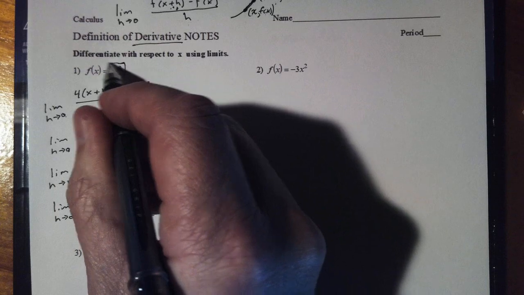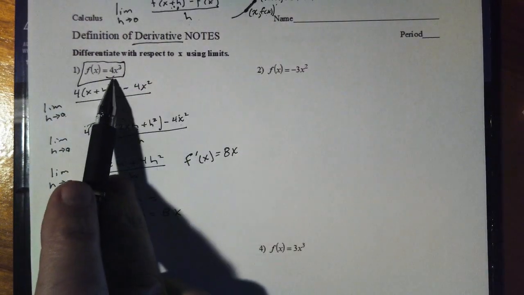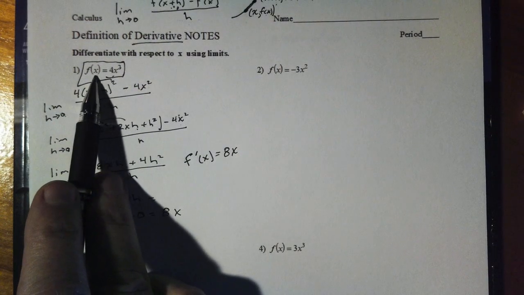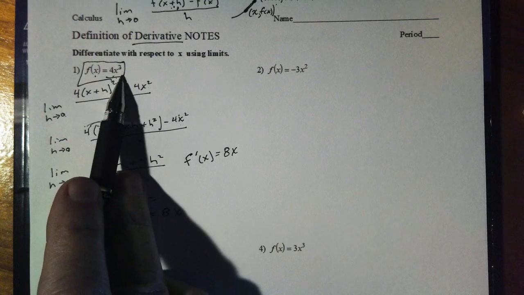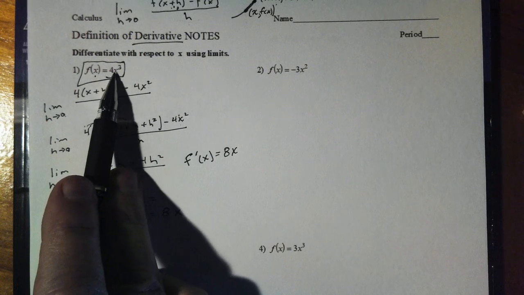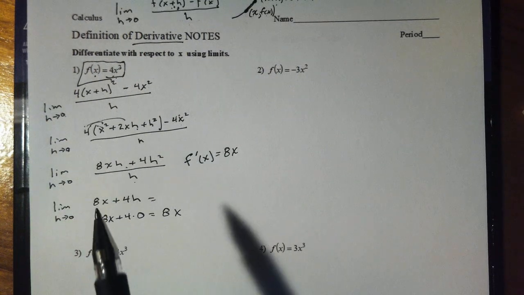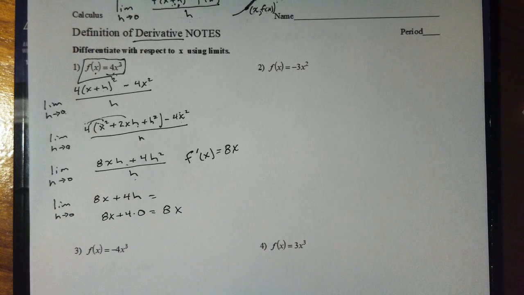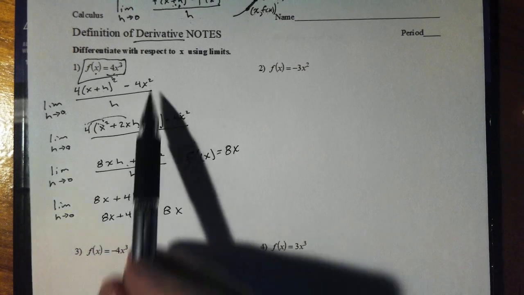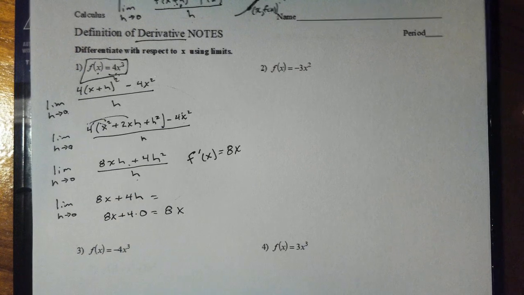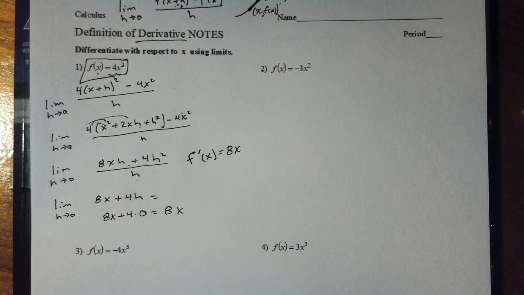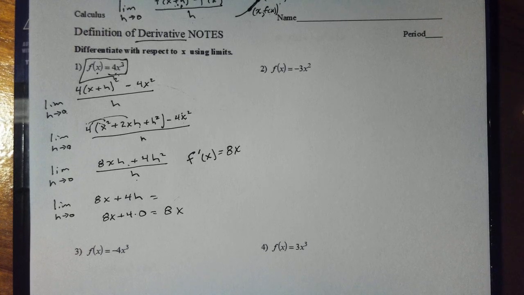And if you look at this, we've worked with rules for that before that say, oh, if the function's 4x squared, the slope formula is 2 times 4, 8x. But for the purpose of this short, abbreviated little assignment, you're going to go through this limit process to receive credit on this. Okay, probably a good time to pause this and try number 2, because it's virtually the same problem.